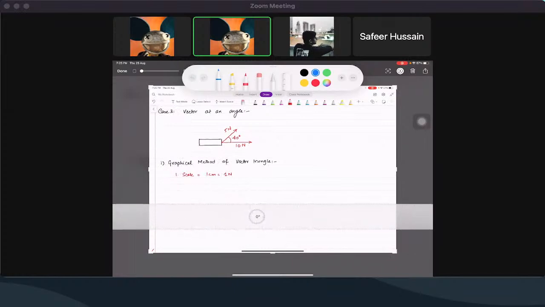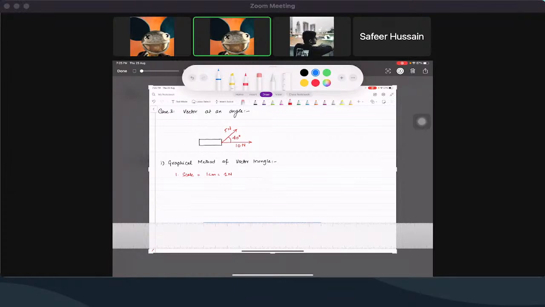The easiest one is always the vertical or horizontal, so I'm going to use that. 1 centimeter equals to 1 Newton means I have to draw 10 centimeter for 10 Newtons. So 1, 2, 3, 4, 5, 6, 7, 8, 9 and 10.